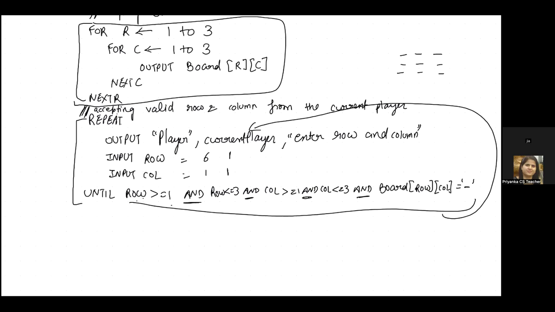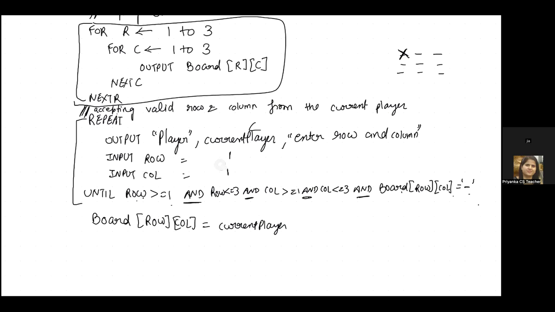So 1, 1 means okay, this criteria is met because this is already blank, so we will allow them. So once you come out from this loop, you will write board of row, column is equal to current player. So current player is X, so we are putting X at this position, or any position, whatever position you are giving here, we are putting here. Okay, I'm taking another position.